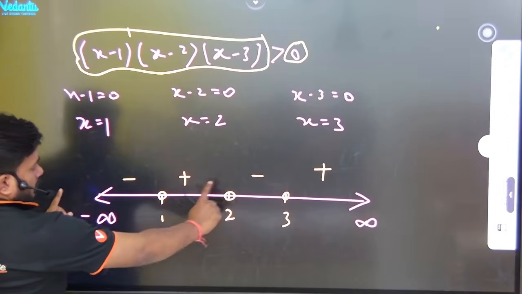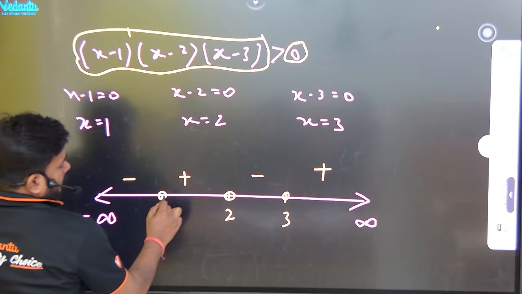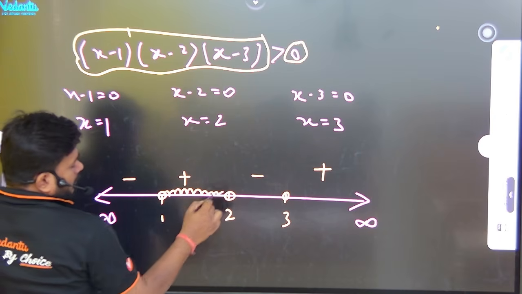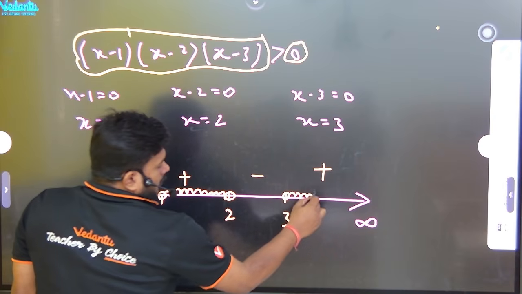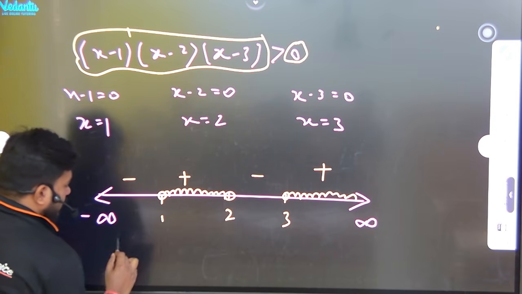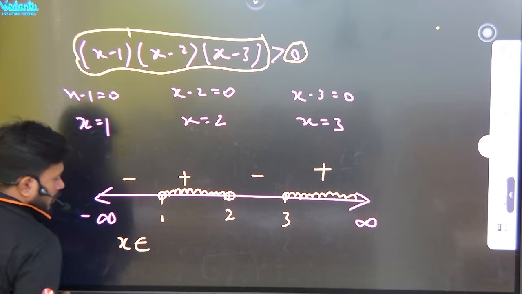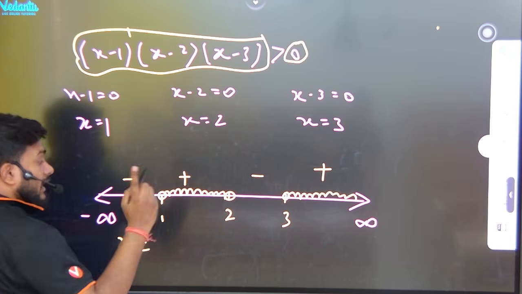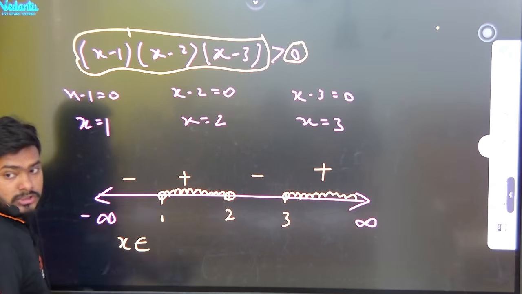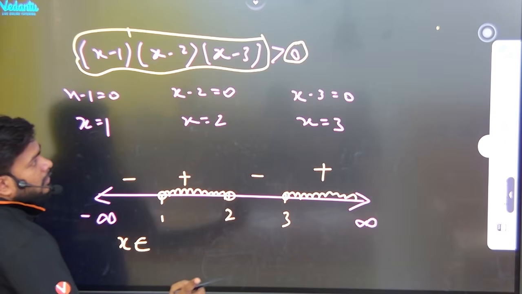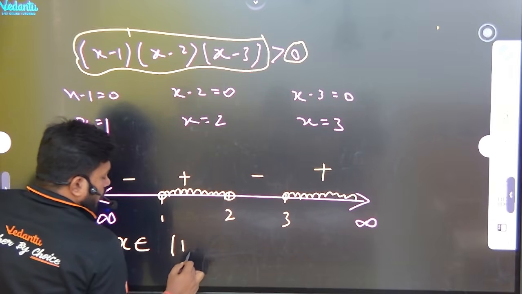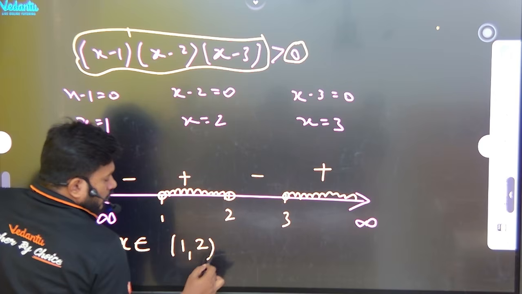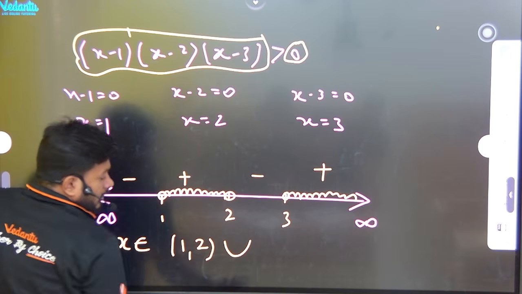Just highlight the positive intervals. That means my answer will be this interval and this interval. Tell me in terms of brackets. x belongs to (1, 2), with the help of brackets. Open, close. Why open? There is no equal. Okay. (1, 2), then union.